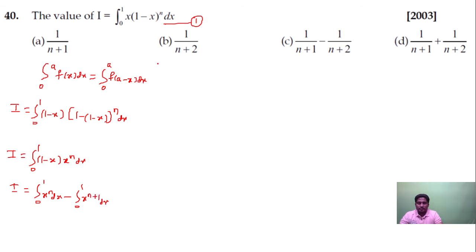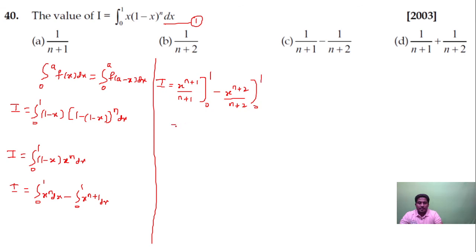Integration of x to the power of n will be x to the power of n plus 1 upon n plus 1 between the limits 0 to 1, and this is x to the power of n plus 2 upon n plus 2 between the limits 0 to 1. Upper limit minus lower limit gives 1 by n plus 1 minus 1 by n plus 2. Answer is option C.